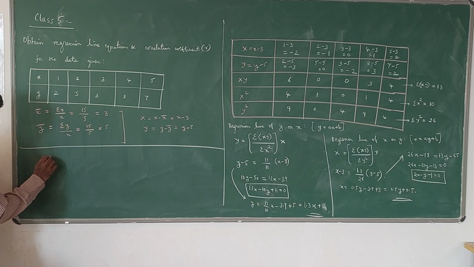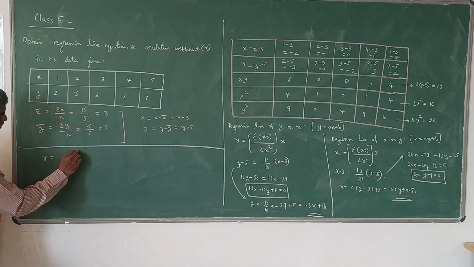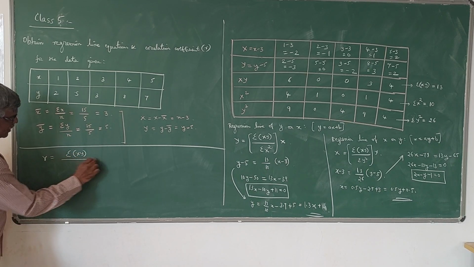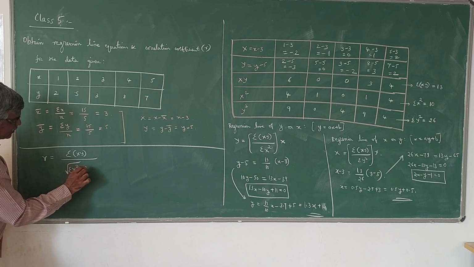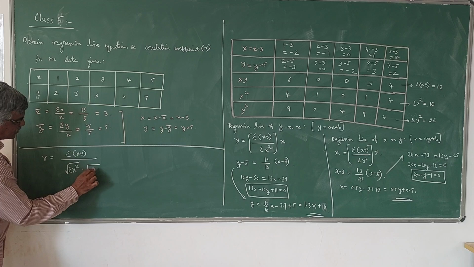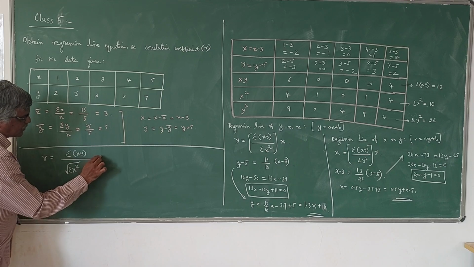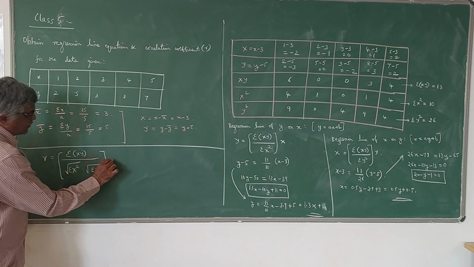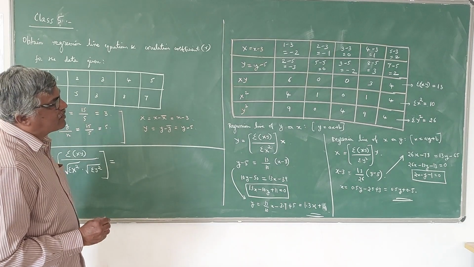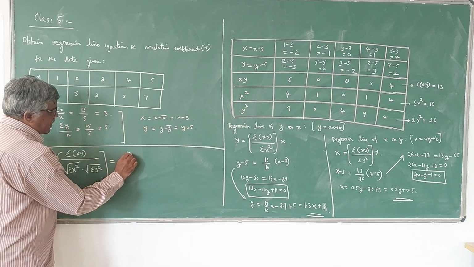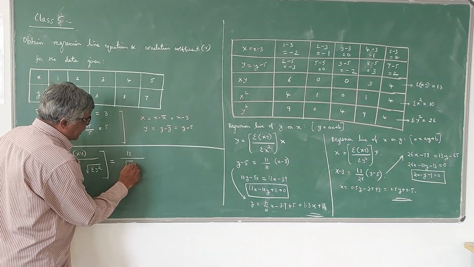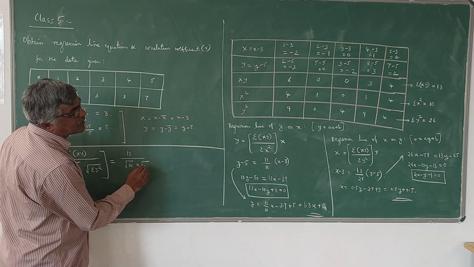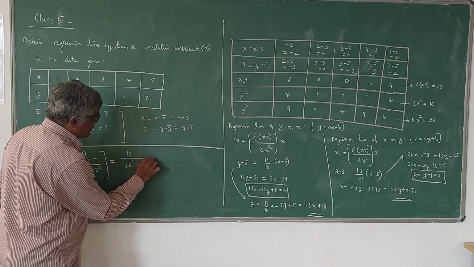So this is the formula to find correlation coefficient r. So sigma xy is 13, divided by root of sigma x square, that is 10, so root 10, into root of sigma y square, that is 26.